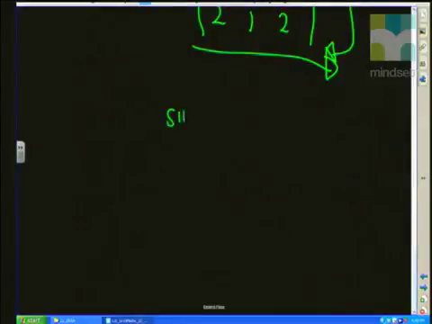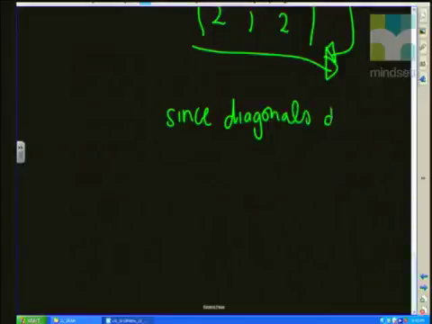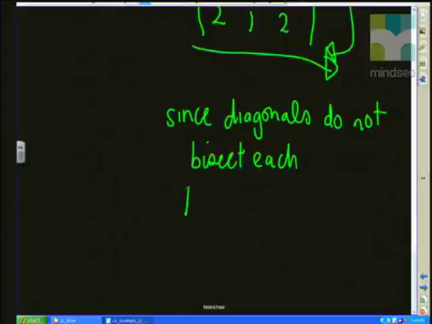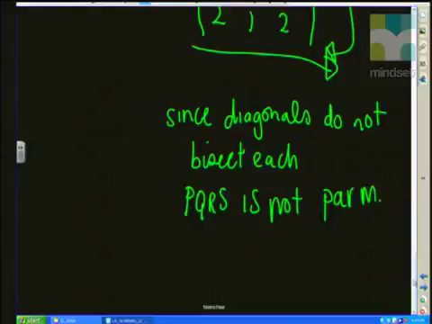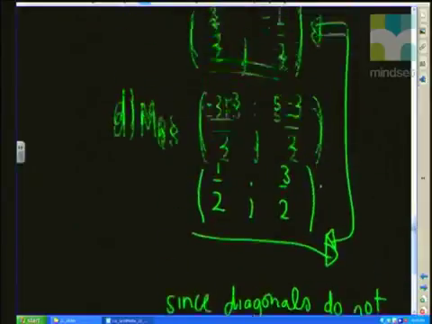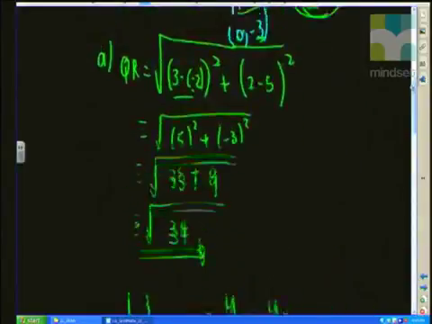So since the diagonals do not bisect each other, PQRS is not a parallelogram. Okay, and I'm just going to abbreviate that to parallelogram. So since the diagonals do not bisect each other, there's no way this can be a parallelogram.